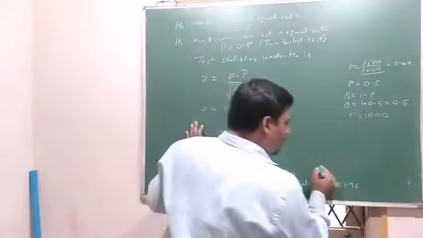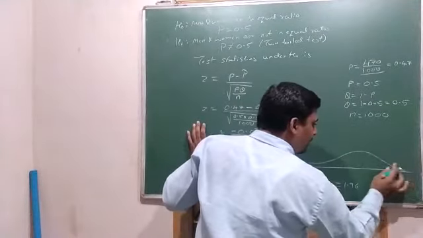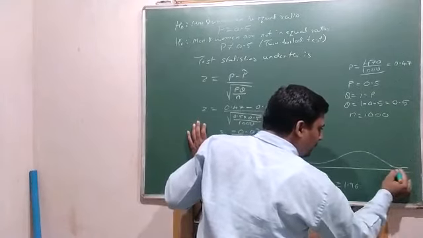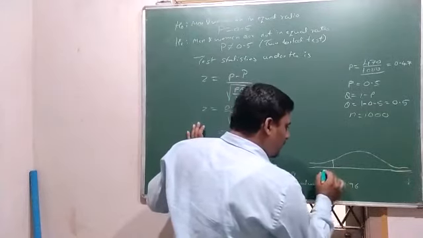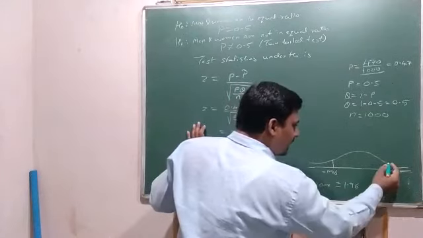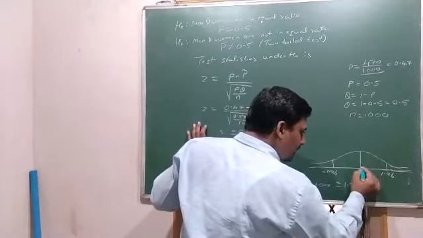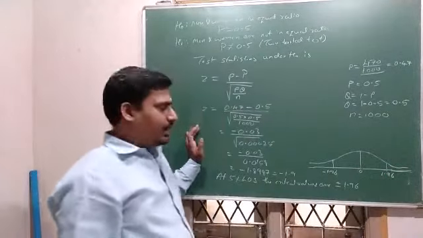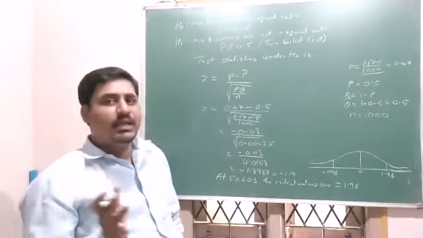If we draw it roughly in the graph, here I'll mark minus 1.96 and here plus 1.96. This is 0, and our answer is minus 1.89.